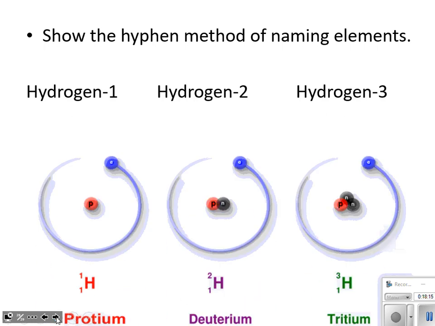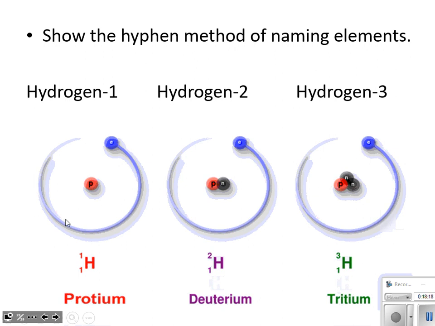Here are the three hydrogens. Hydrogen 1, hydrogen 2, hydrogen 3. Now looking at this hyphen method here, hydrogen 1, hydrogen 2, hydrogen 3. What is the 1, the 2, and the 3? What do we call that?